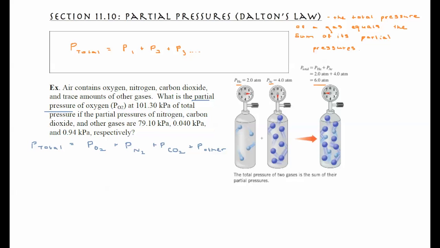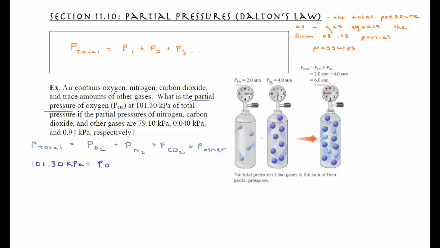So I know that the total pressure is 101.30 kPa. I know that the partial pressure of oxygen is, well, I don't know because that's what I'm trying to solve for.